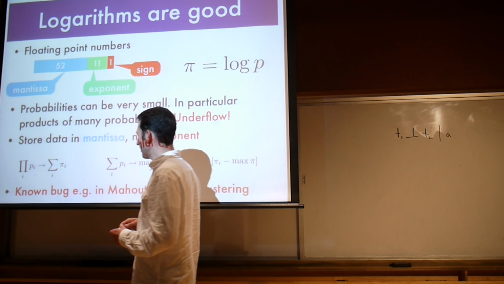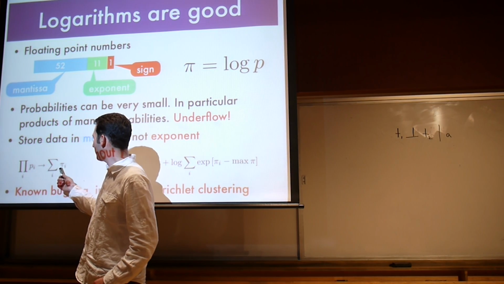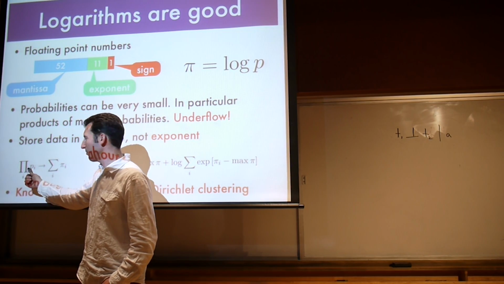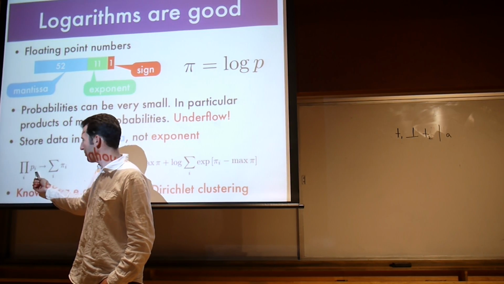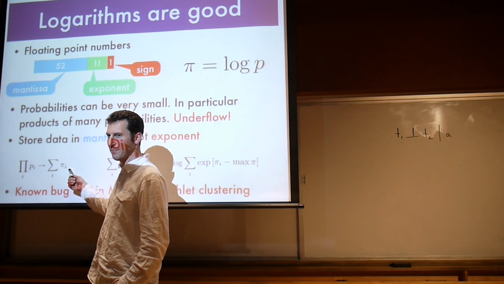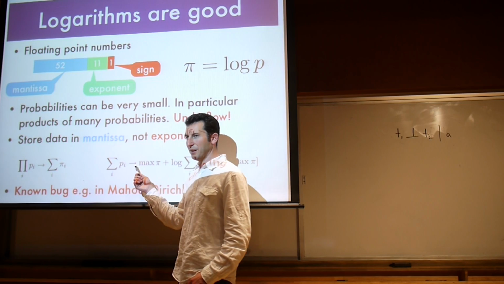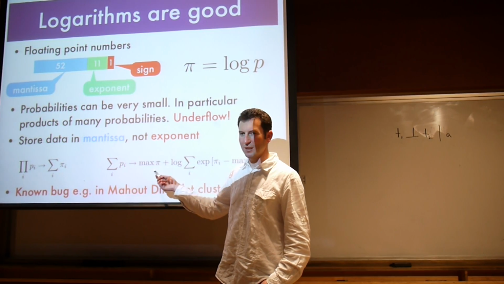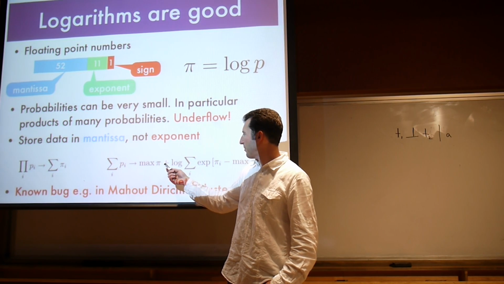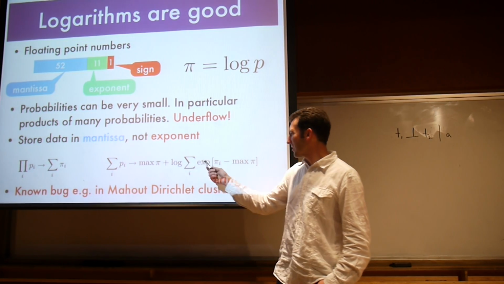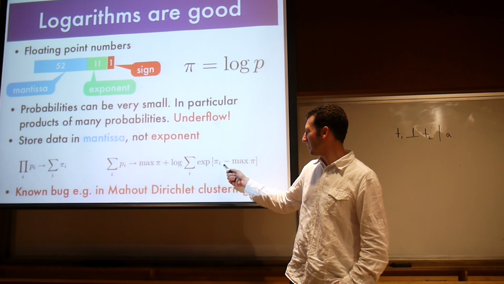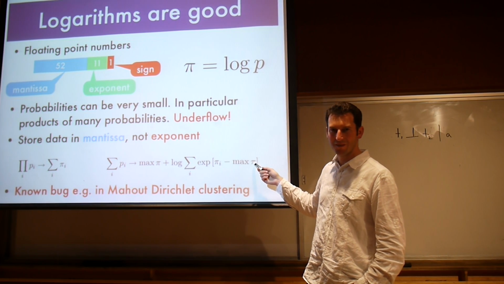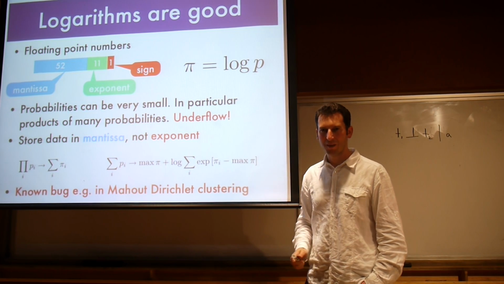So what should you do instead? Well, the good thing is that you define p_i to be the log of the probability. Whenever I take products, it just becomes a sum. And whenever I'm taking sums, here's what I'm doing. I'm going to take the largest of the elements here, and I'm adding to that the log of the sum over the exponentials of whatever log I have here minus the largest. Okay.